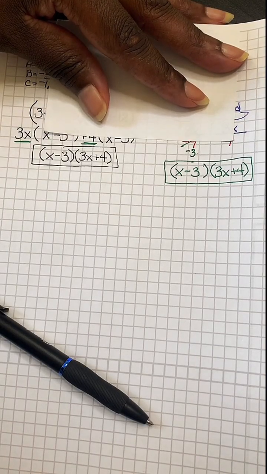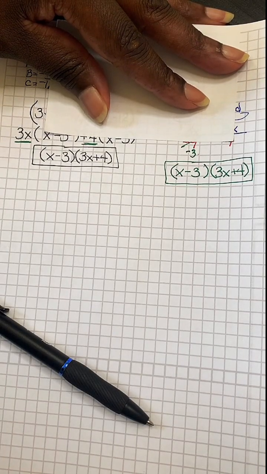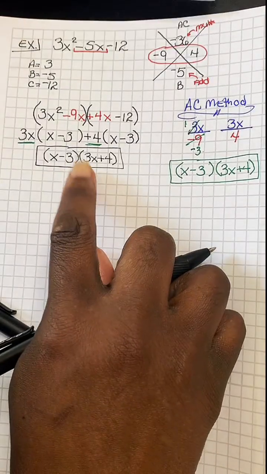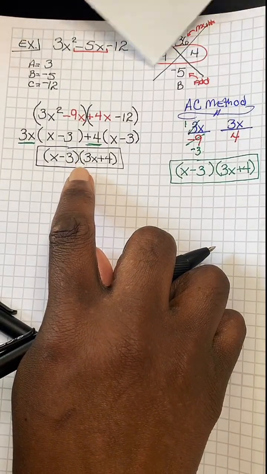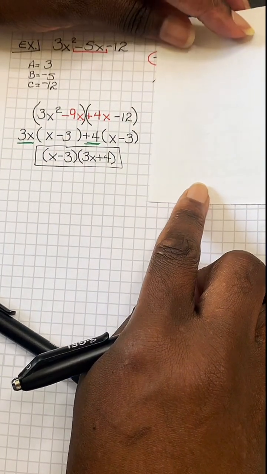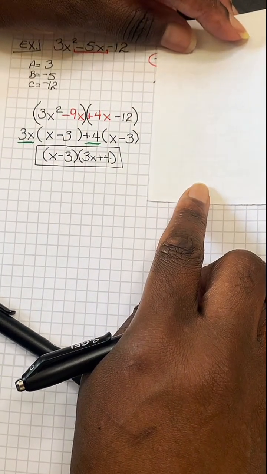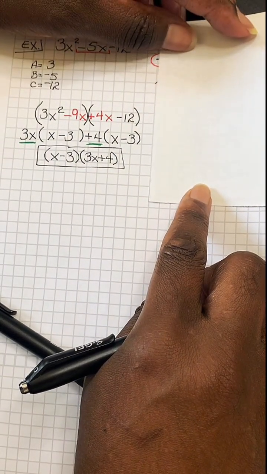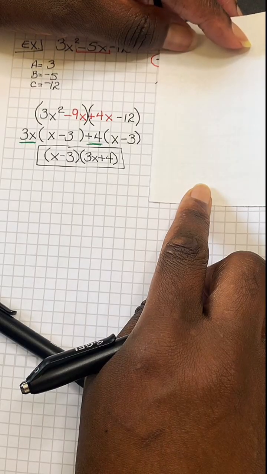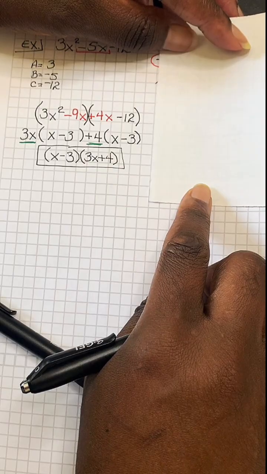The reason why a lot of teachers push this way is because some people are afraid of fractions. Now, guys, fractions is nothing but division, okay? And you can always reduce a fraction by what number they have in common.